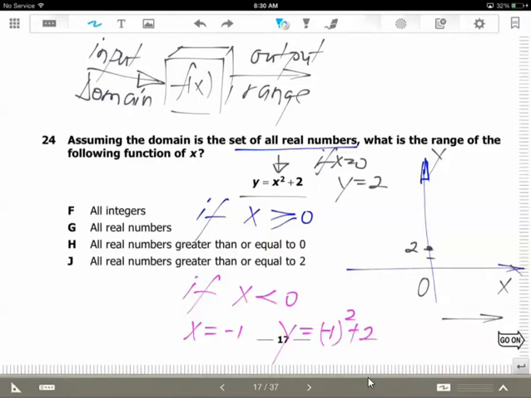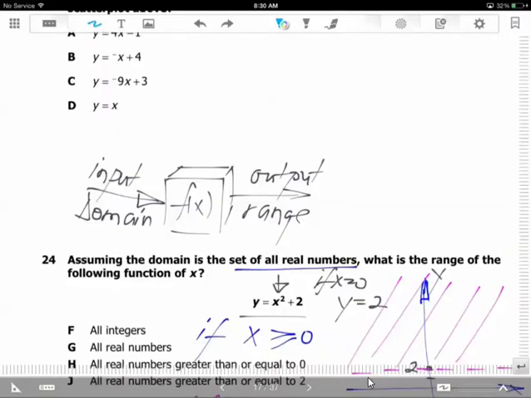But any negative number squared will be positive, which means if my x takes negative values, y will also be greater than 2, on this side of the y-axis.